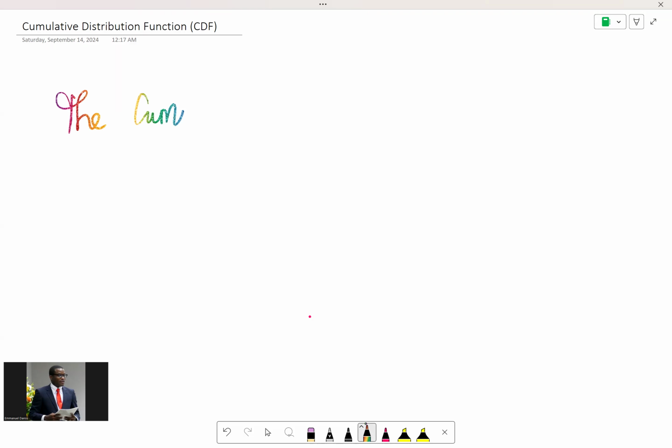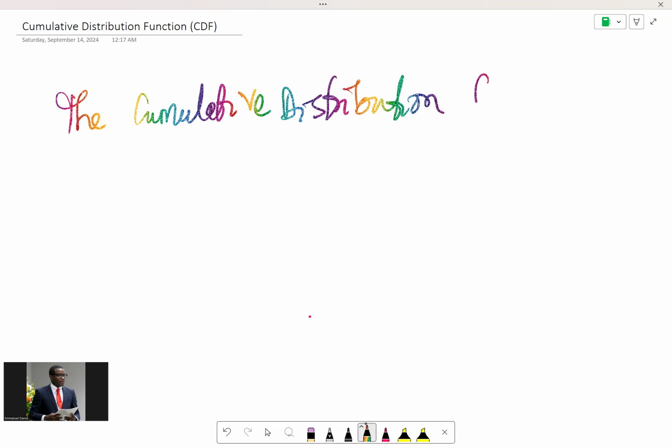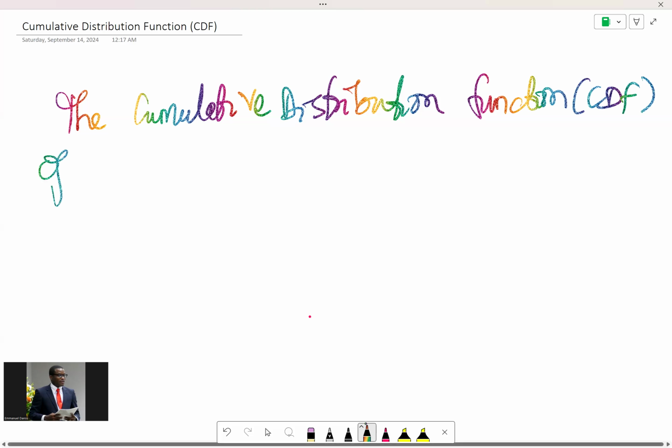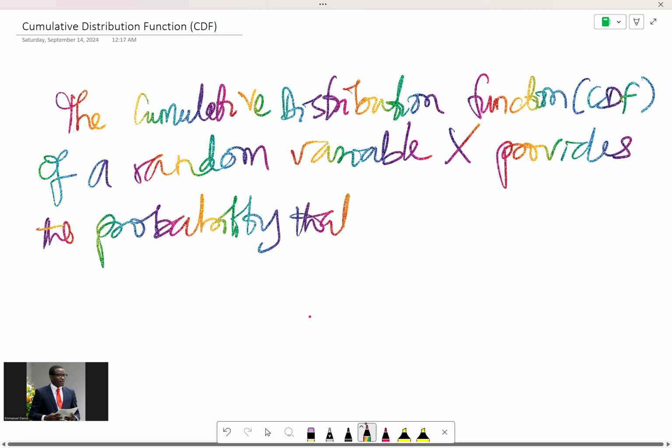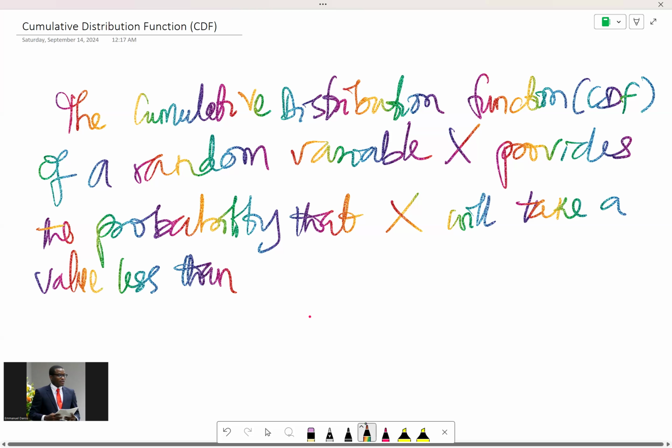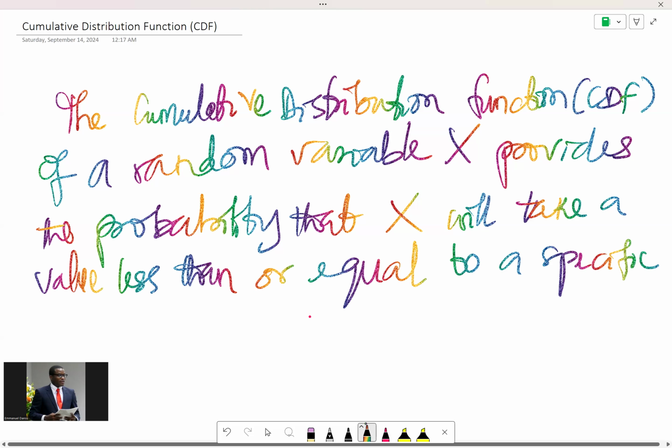The cumulative distribution function, CDF for short, of a random variable x provides the probability that x will take a value less than or equal to a specific value x.